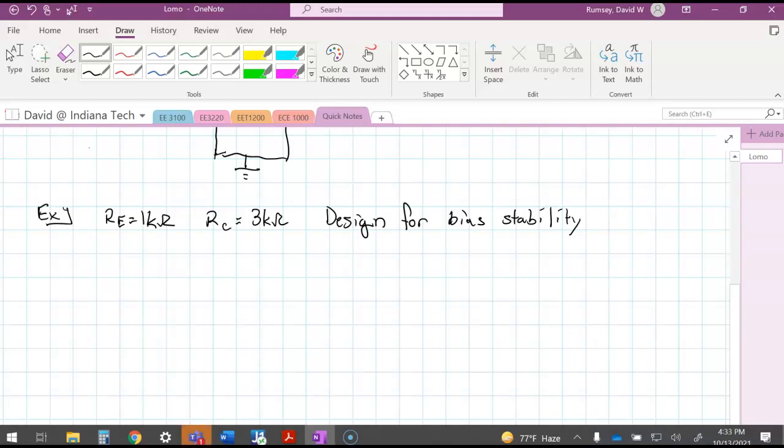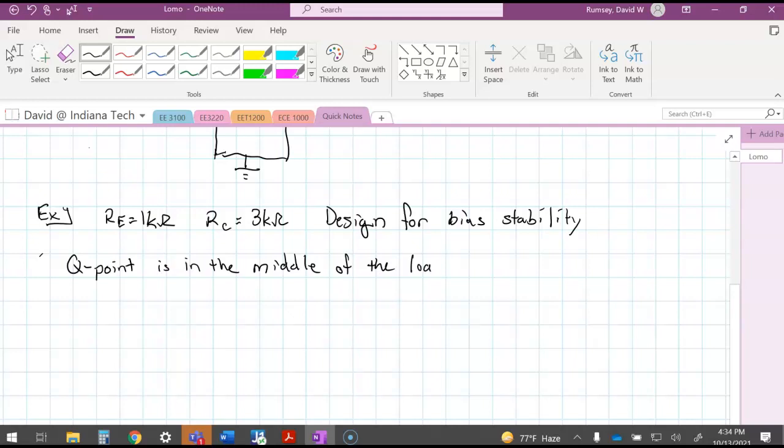That was annoying. So, design for bias stability here. Typically what we want to do is design so that our Q point, which is basically our DC bias point, is in the middle of the load line.